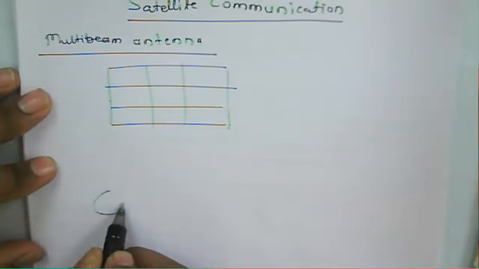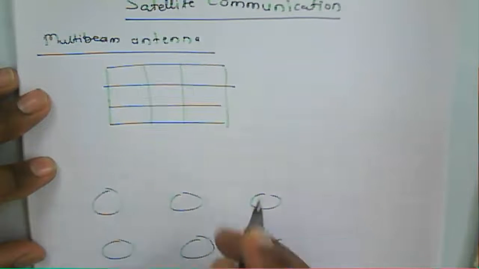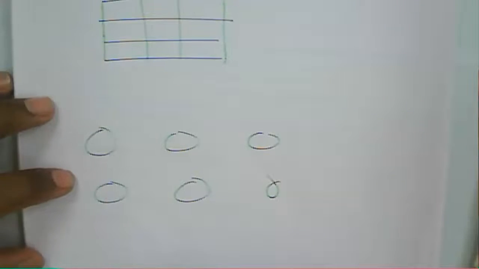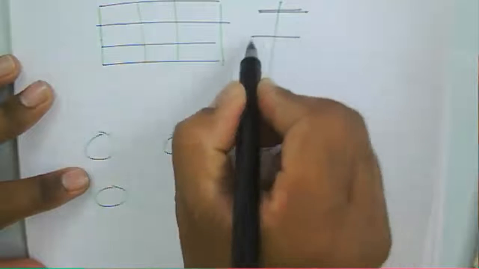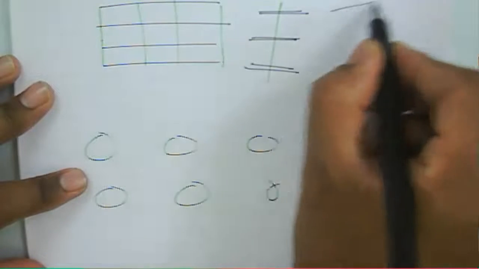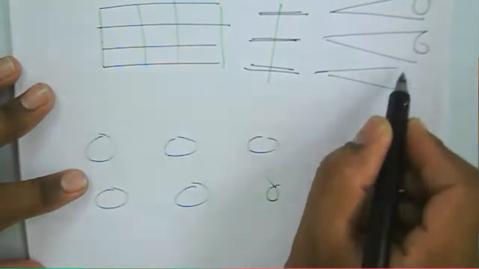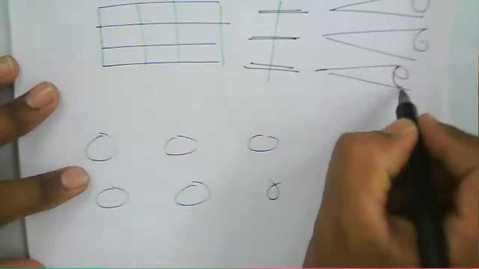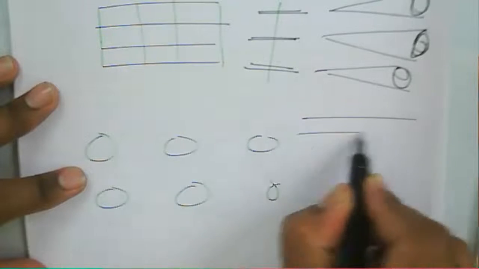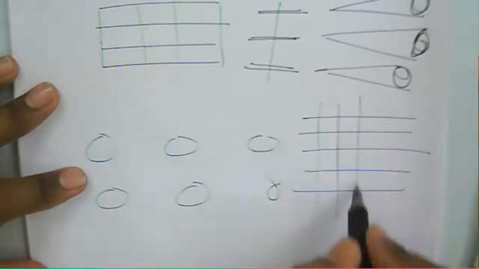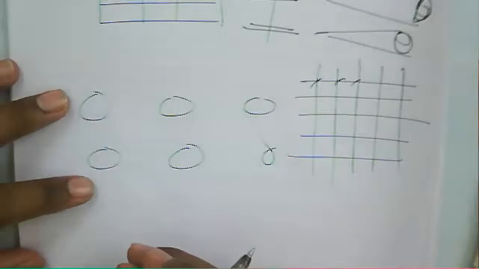If you see the radiation pattern, these are the regions to be covered by this multi-beam antenna. But we can also design it using an array or using dipoles, in which case the region covered will be different. Or we have a mesh type structure where antennas are present, and it will provide the multi-beam structure.